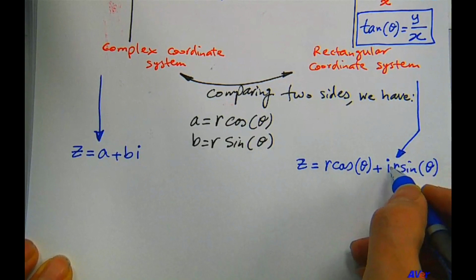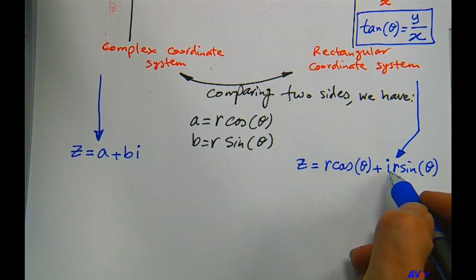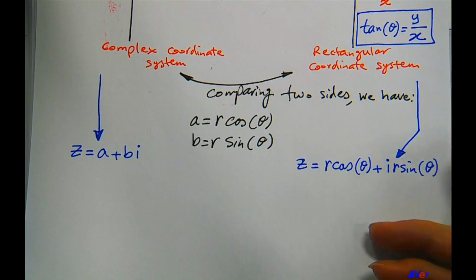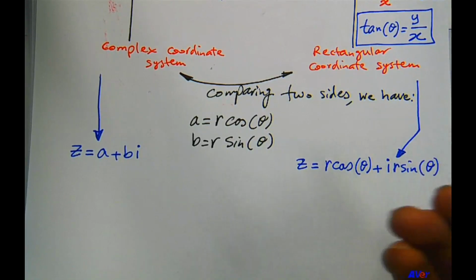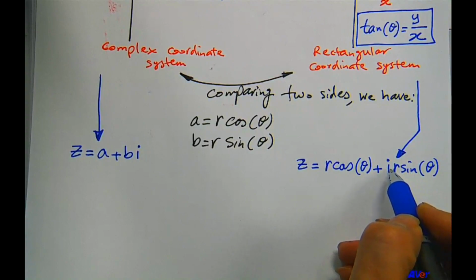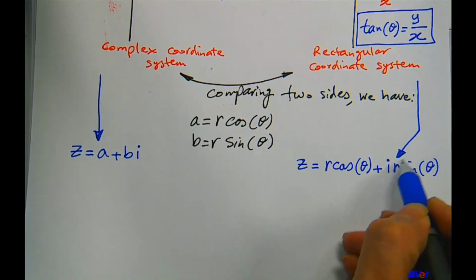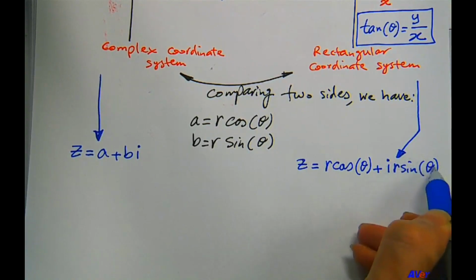I put I in front because that's how your book writes this, and I want to be consistent with your book. We're saying that I has this imaginary coefficient, R sine theta.